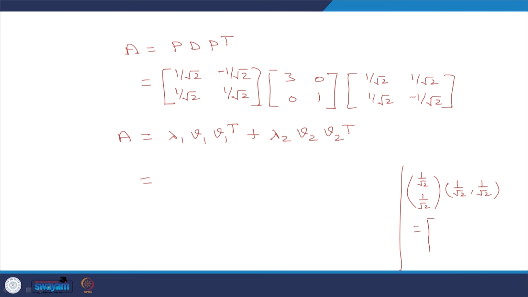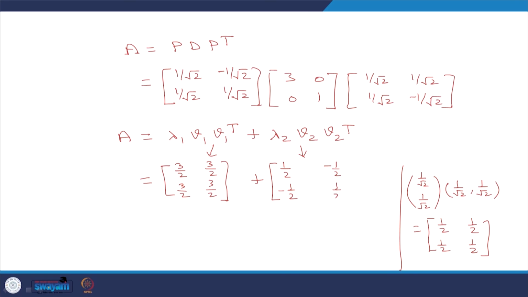So, it will become 1/2, 1/2, 1/2, 1/2. Multiplied by 3, it will become 3/2, 3/2, 3/2, 3/2. This is the first term, plus now the second term. So, V2 into V2 transpose multiplied by eigenvalue 1 will become 1/2, -1/2, -1/2, 1/2. Similarly you can calculate it.